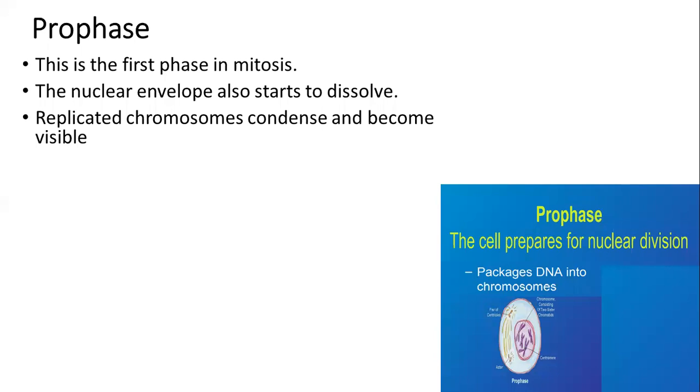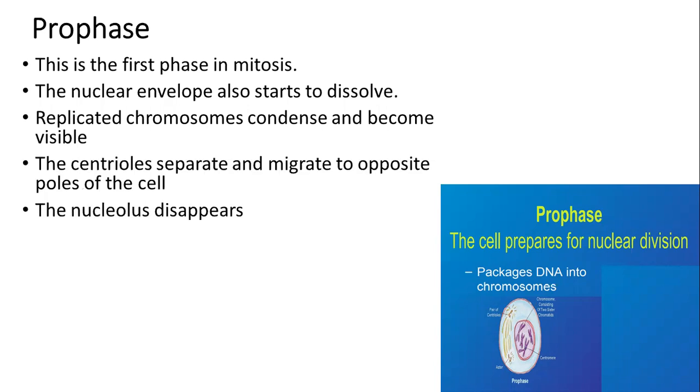Replicated chromosomes condense and become visible, as chromatin condenses into chromosomes by coiling and thickening.